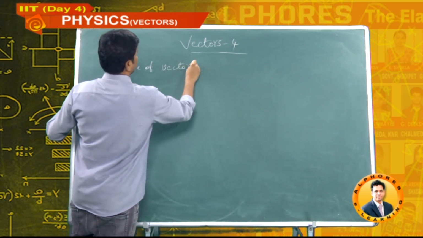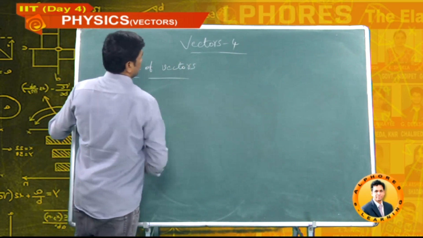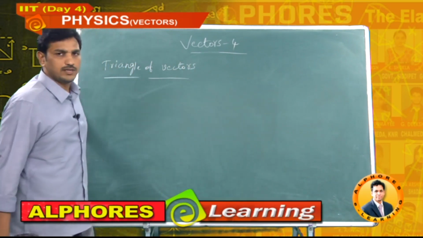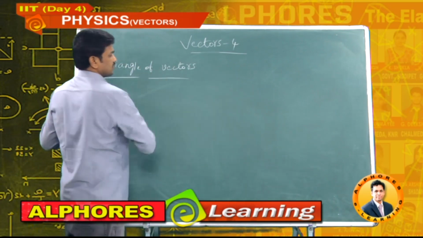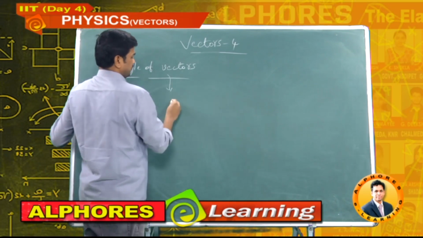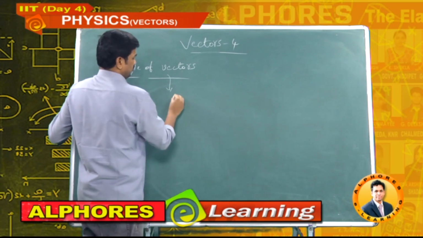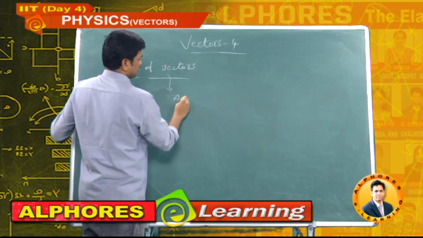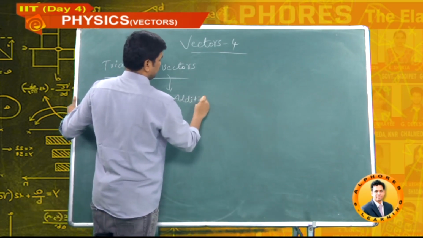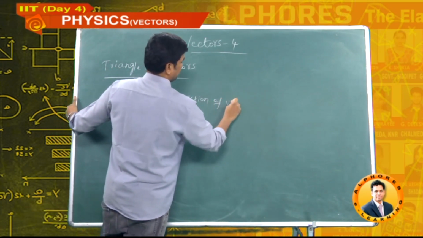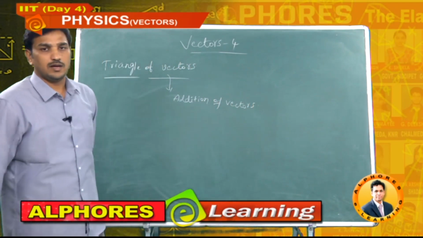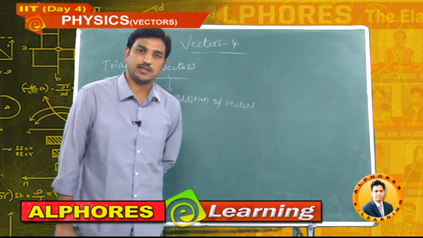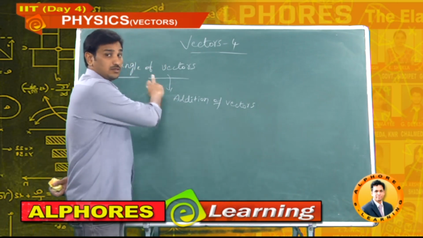These laws are very important and are used in many numericals. The triangle law of vectors is used for addition of vectors. When we want to add two vectors with an angle other than 0 and 180 between them, we use this law.